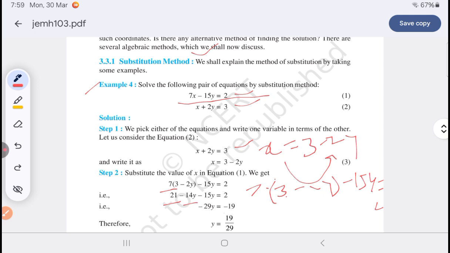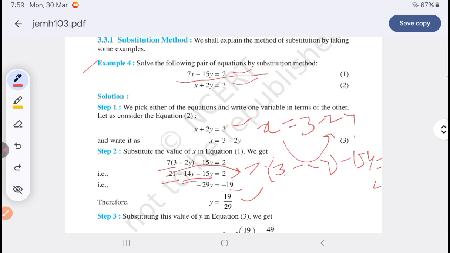Minus 14y minus 15y is minus 29y. Bring 21 to this side, so 2 minus 21 equal to minus 19. So you'll get y equal to 19 by 29.